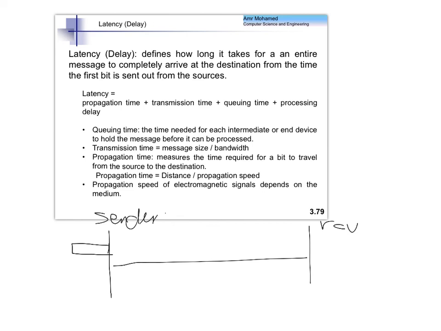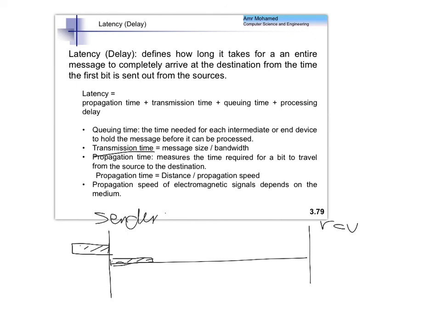There is what we call the transmission time. Transmission time is the time that the message takes to get on the transmission medium, which means that I want to get this packet on the transmission medium completely.